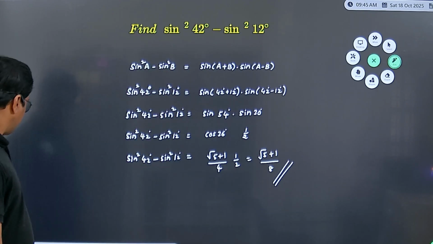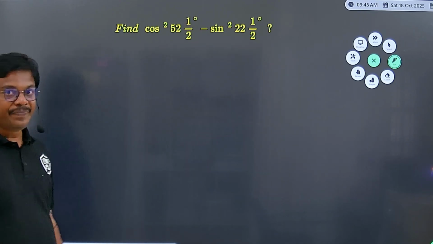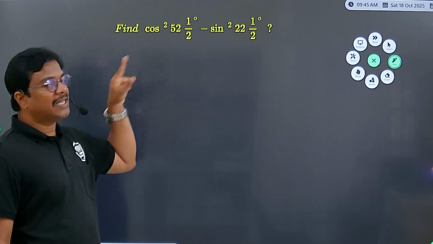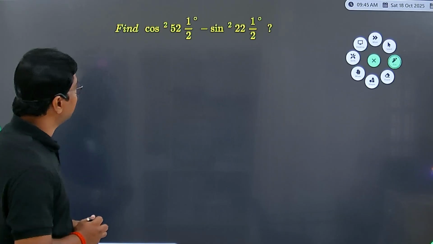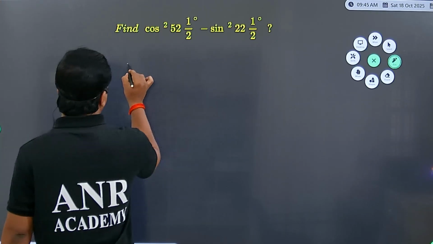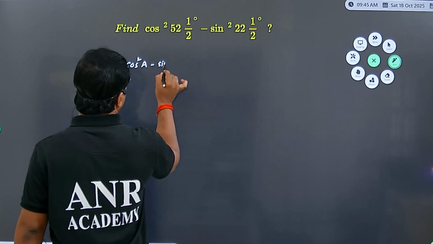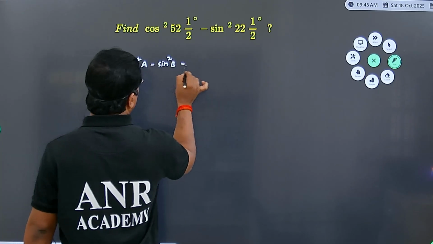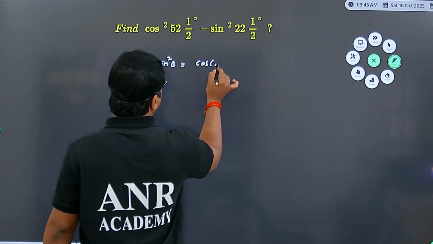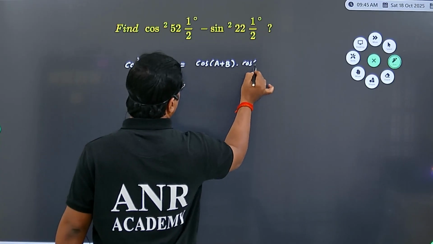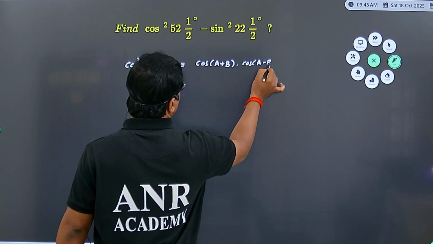Let us move to the next one. Find cos square 52 and half minus sin square 22 and half degrees. Here we need to apply the formula cos square a minus sin square b. You know that this is cos of a plus b into cos of a minus b.